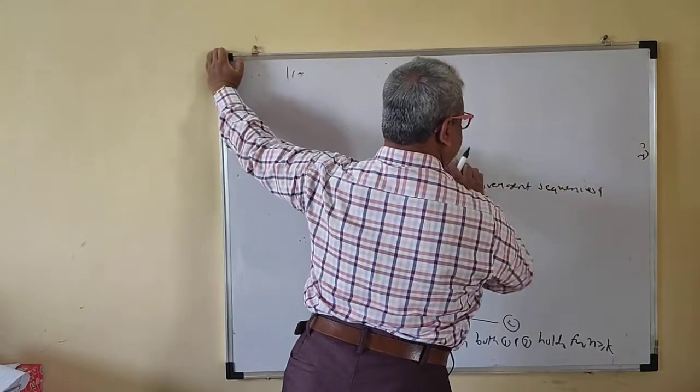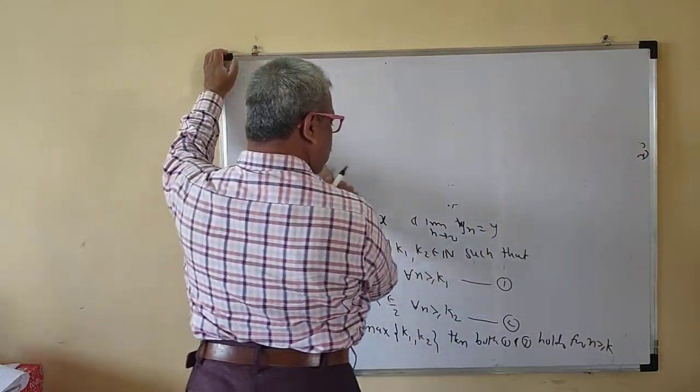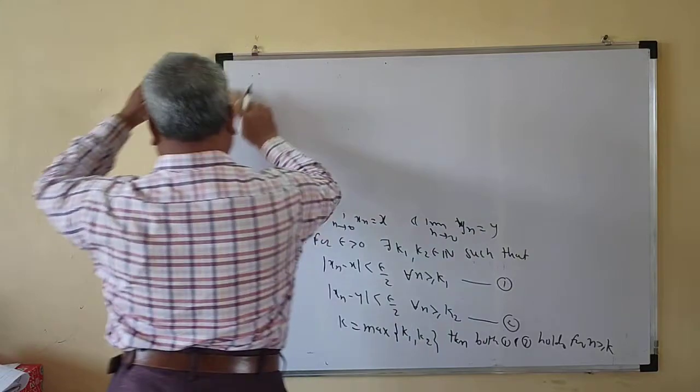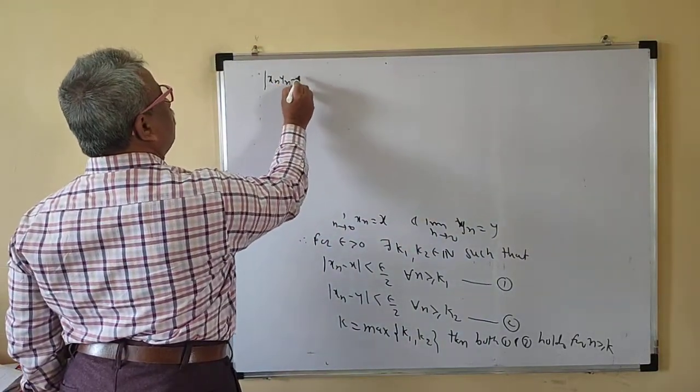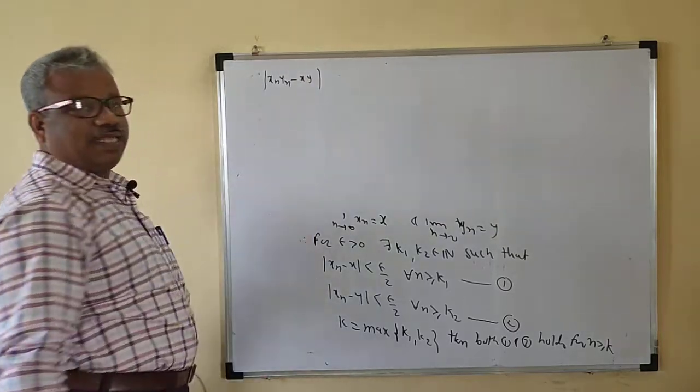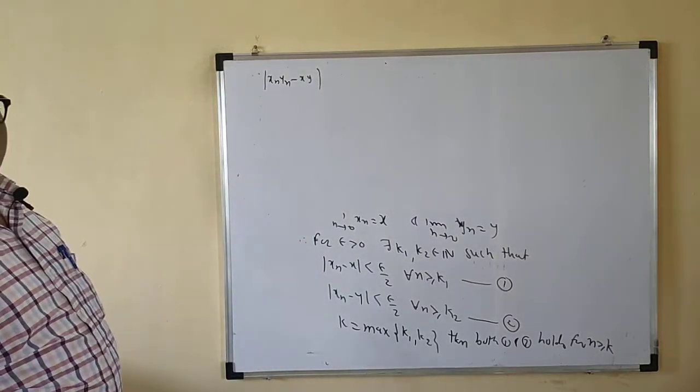For the product, what do we have to prove? That mod of xn yn minus xy is less than some epsilon. Okay, that we have to prove.